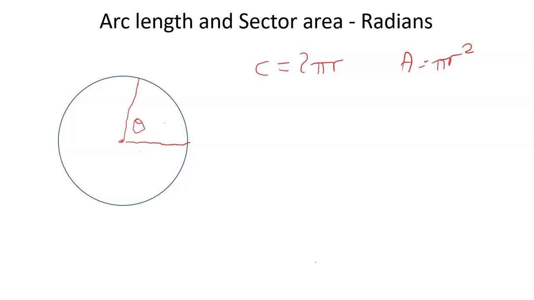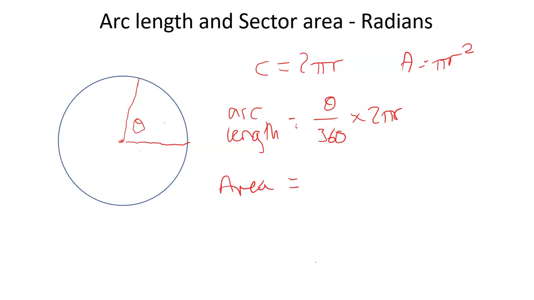But if we just want a fraction of that, and that's some angle out of 360, so we get the fraction from the angle, then the arc length is going to be that fraction times 2 pi r, and the area of the sector is going to be the fraction times pi r squared.